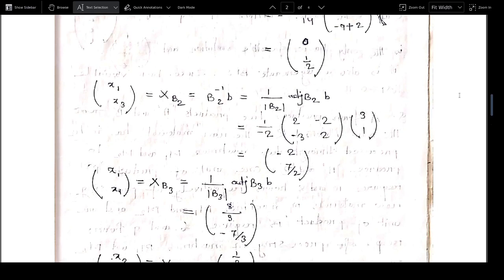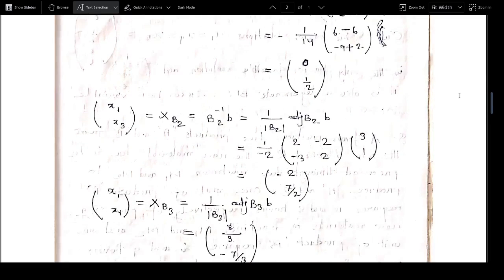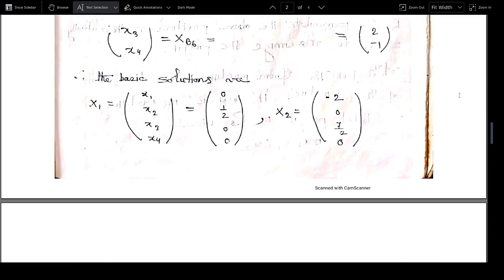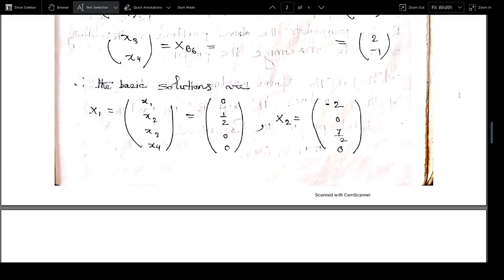Then basic solutions are what? First one, we get x1, x2. So x1 is 0, x2 value is 1 by 2, and the remaining x3 and x4 should be 0, because why? When you go to the original equation, first you see the equation: 2x1 plus 6x2 plus 2x3 plus x4 equal to 3.